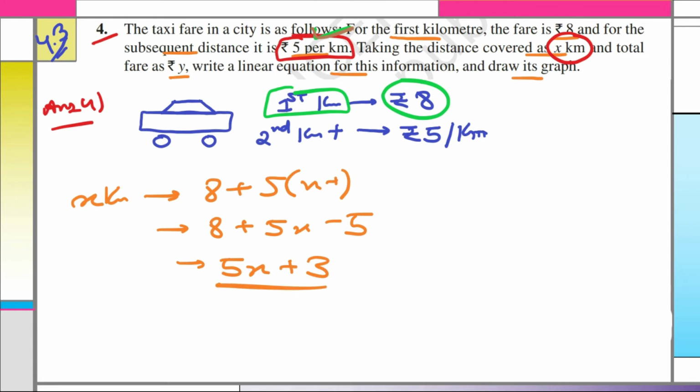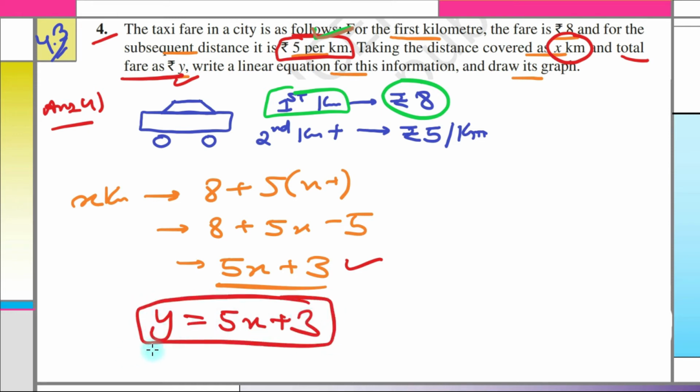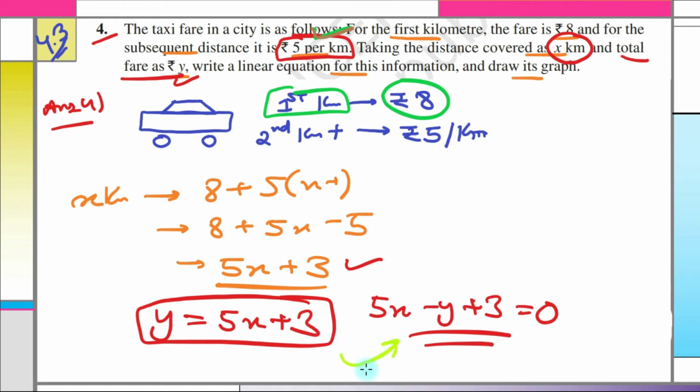And if you remember, the question says the total fare is rupees y, but the total fare is 5x plus 3. So we could say that y equals 5x plus 3 would be our equation, or you could write this as 5x minus y plus 3 equals 0, in ax plus by plus c format.